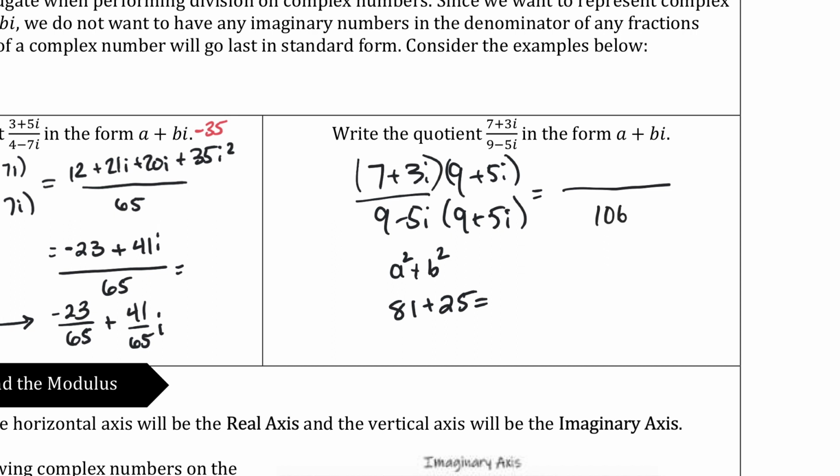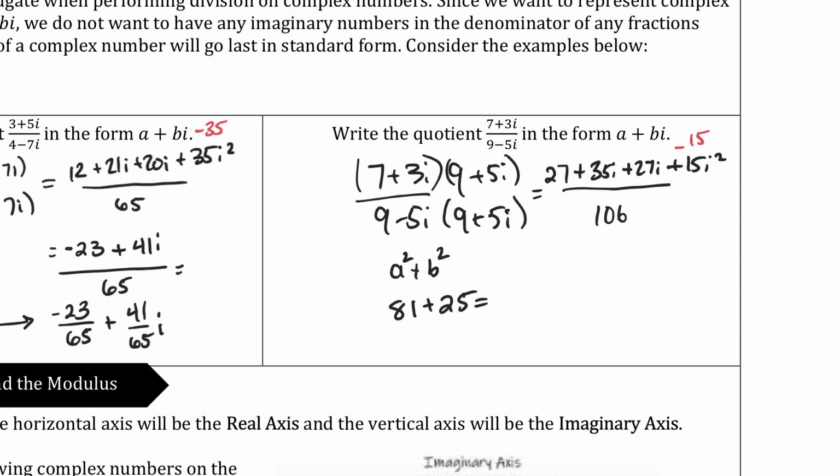If we FOIL the top part together, we're going to get 27 plus 35i plus 27i, then plus 15i squared, which is really going to be just minus 15. So we combine all these values together, double check my numbers.